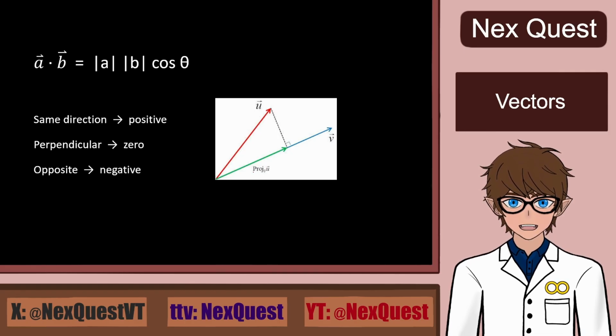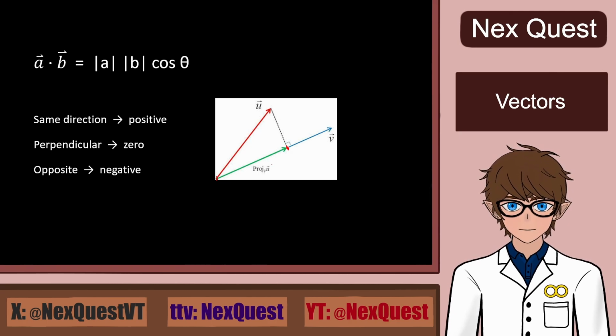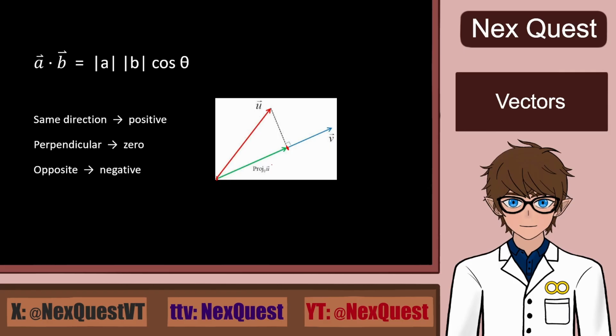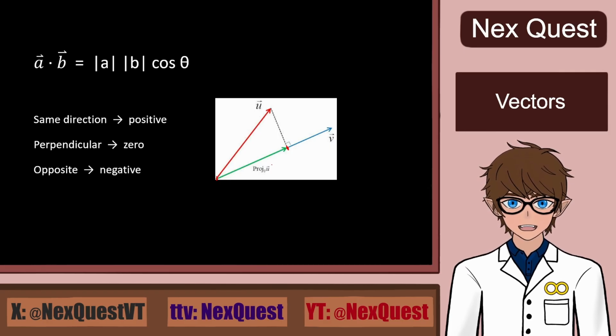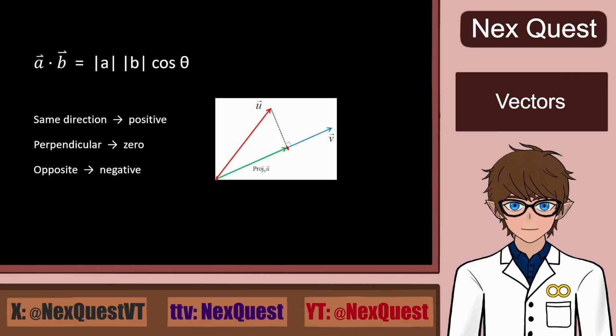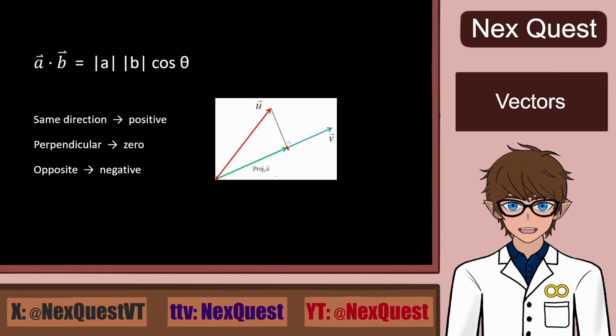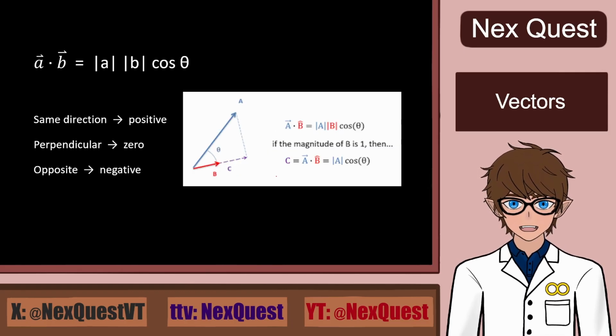The distance from the start of u to the intersection of the vertical line and v is called the projection of u onto the vector v. I think I write it out later.